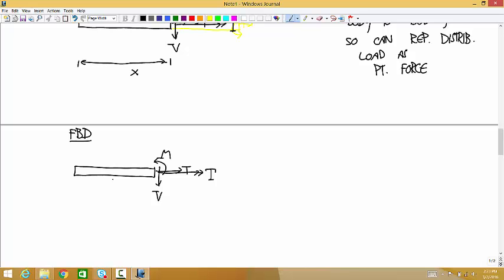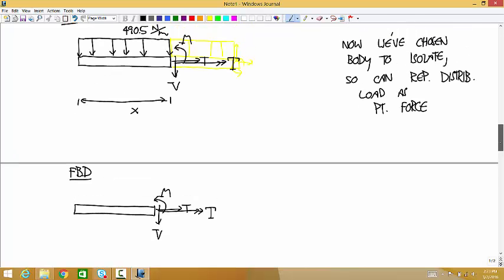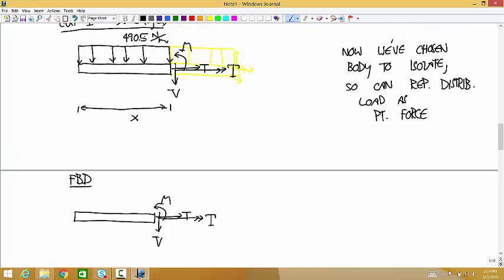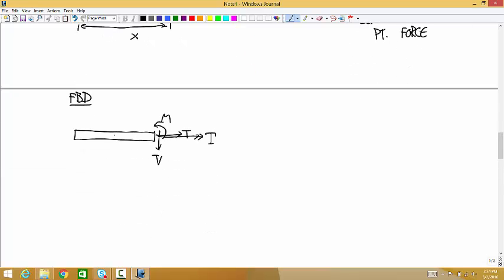So what do you get if you have a distributed load of 490.5 newtons per meter, and it's acting over x meters of this? 490.5x. That's right. So acting right at the midpoint, you have a point force of 490.5x. And it's acting at the midpoint, so what's this distance from the end? X over 2. X over 2, yep.